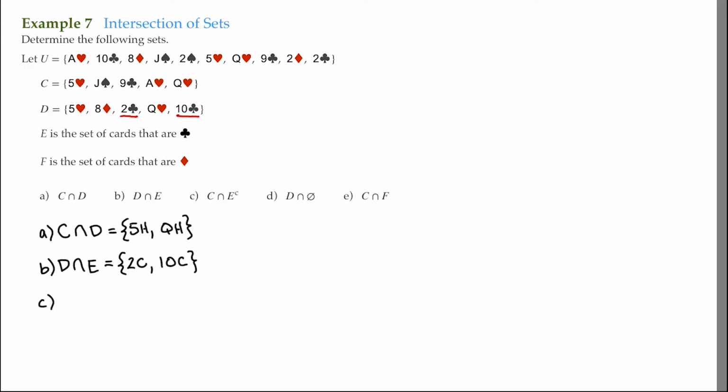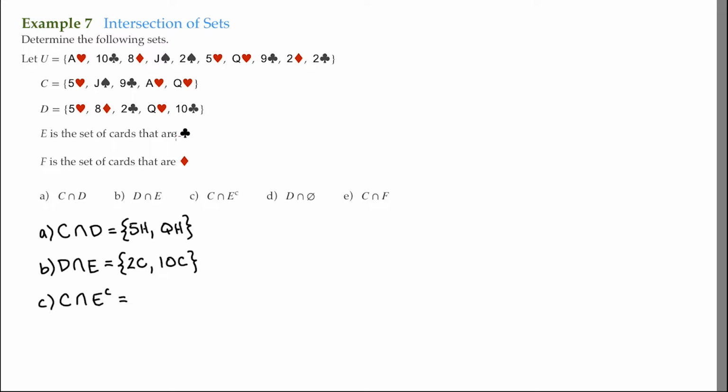For C, where does set C intersect the complement of set E? So if set E is the set of cards that are clubs, then its complement is the set of cards that are not clubs.